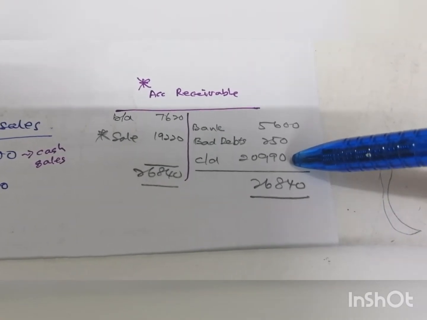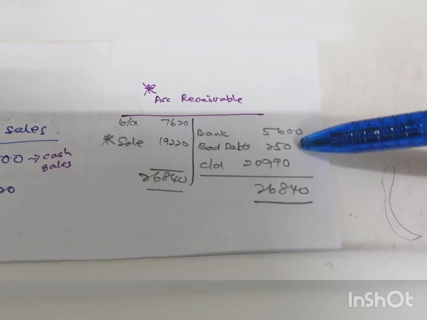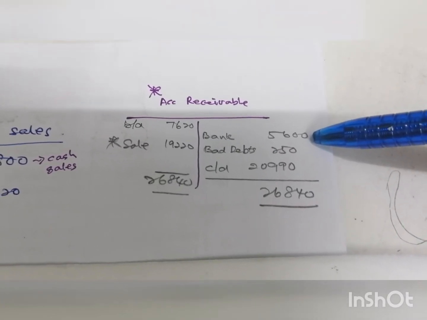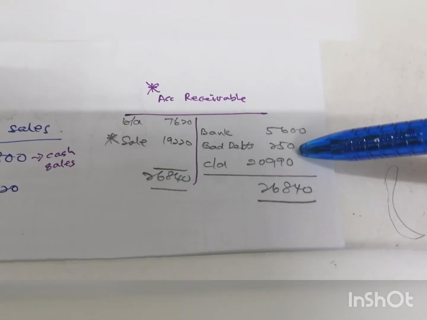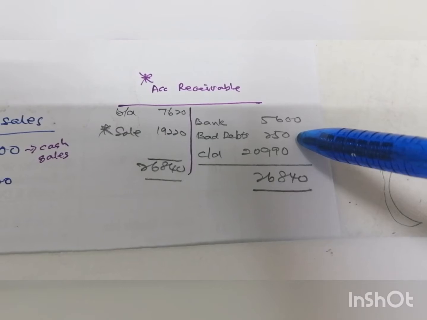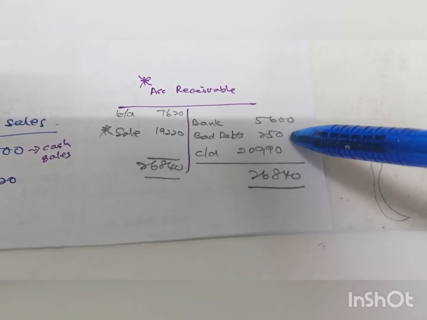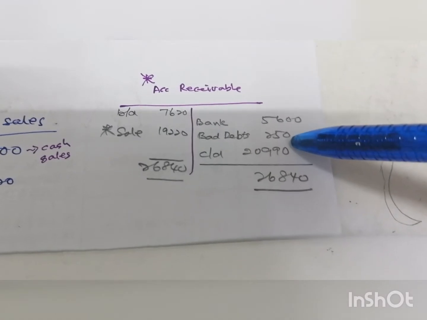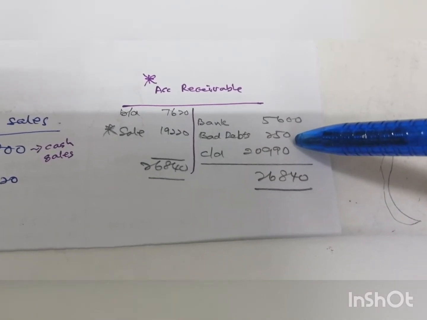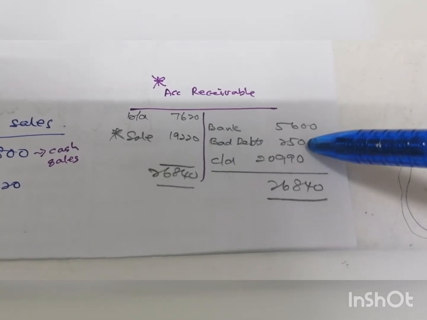The bank here is also given as 5,600, and the bad debts is in additional information C, account receivable written off as bad debt 2,500. That's why we credit here. Not 2,500, it is 250. So we credit bad debts 250.